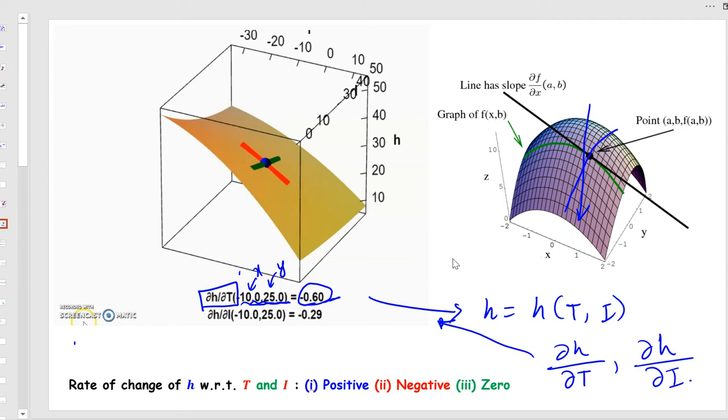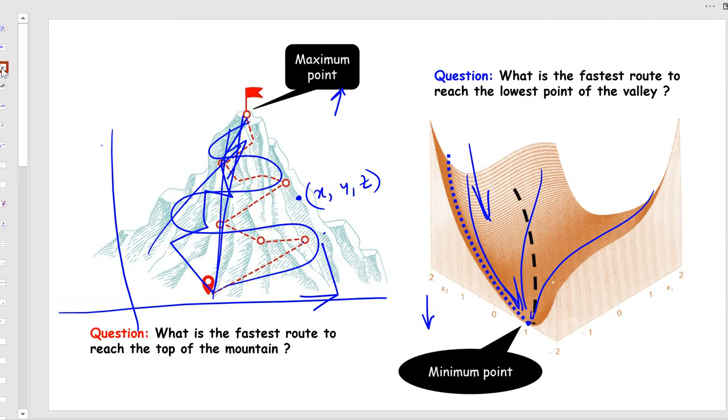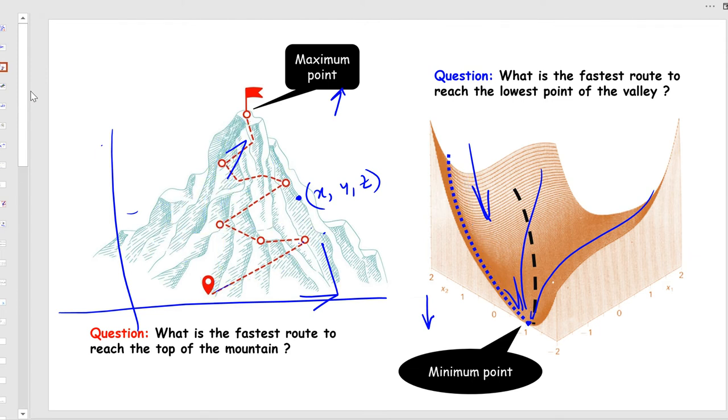If you remember, the slope will be of this form. It will change its direction. That means if you move on a mountain or in a valley, what will be the changes?